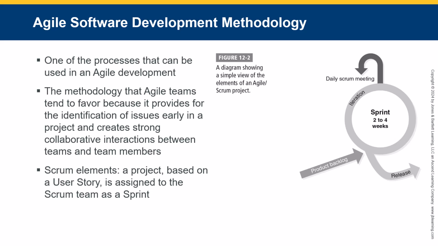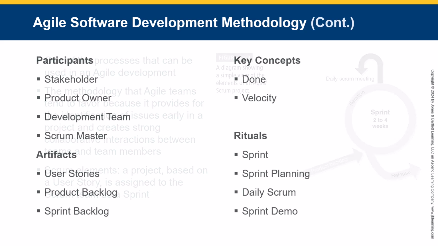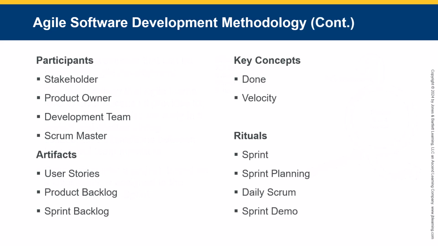The Scrum elements are basically a project which will be based on a user story, assigned to a Scrum team as a sprint, and the sprint can take a week, 2 weeks, 4 weeks, and it works through the process. The participants would be the stakeholders, the owner, the teams.